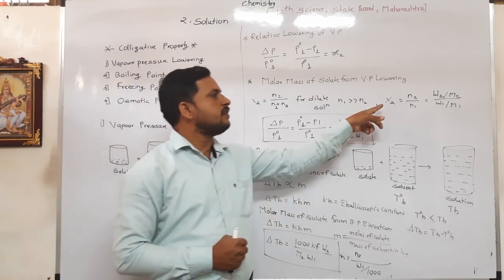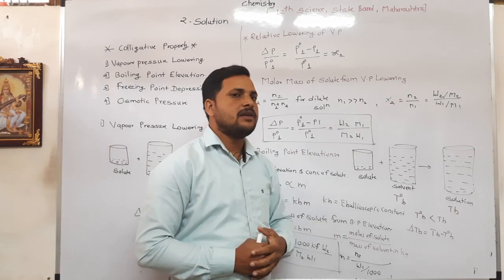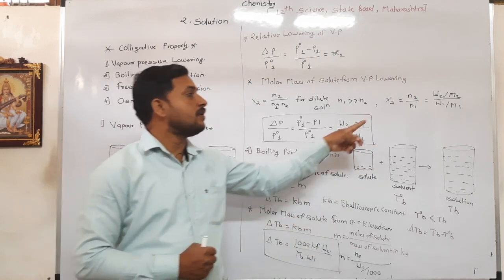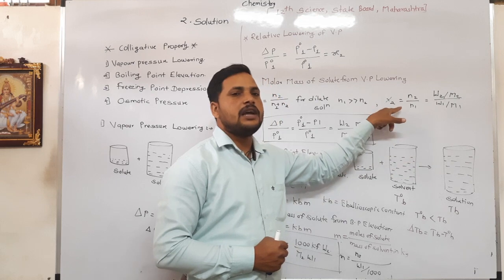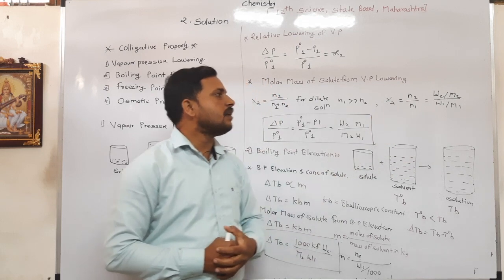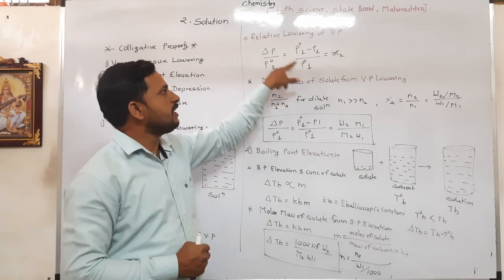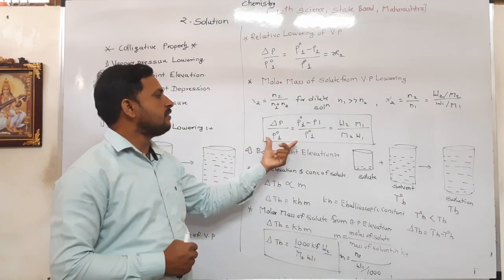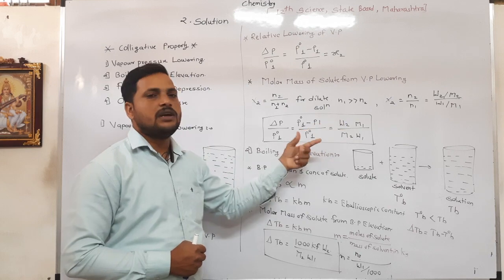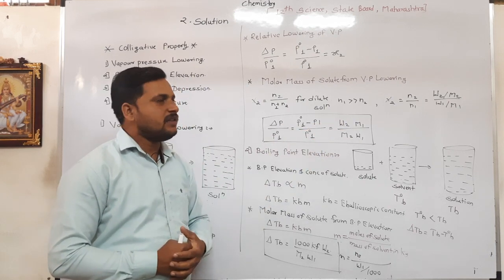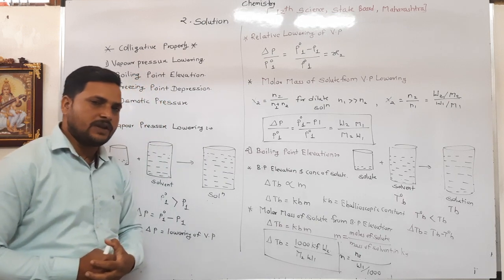Hence, X2 is N2 by N1, and N is equal to W upon M. Correspondingly, N2 is equal to W2 upon M2 and N1 is equal to W1 upon M1. Putting these X2 values in this equation, we get a final equation. This equation is used to solve the problems. This is about the vapor pressure lowering.